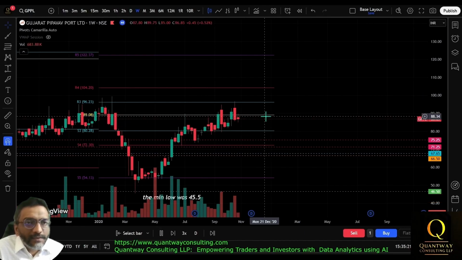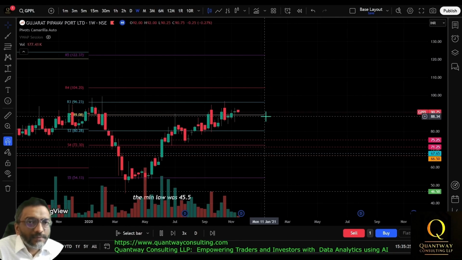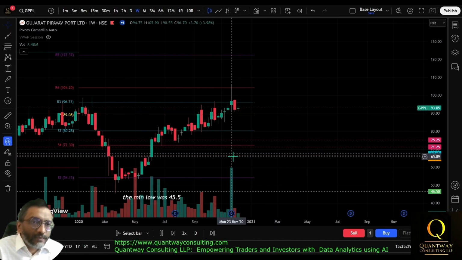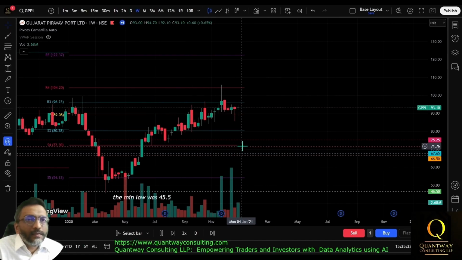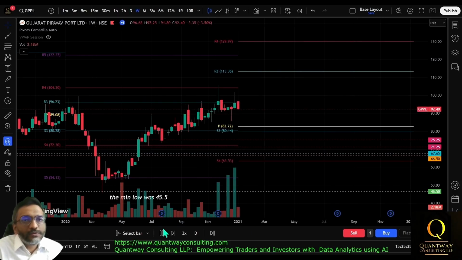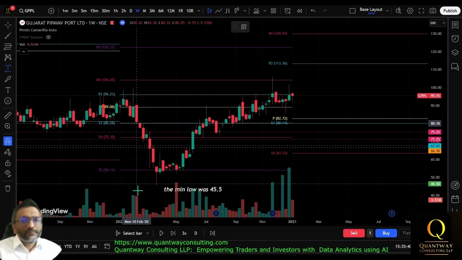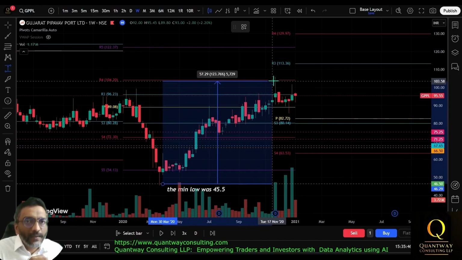So the stock immediately tried to go to the pivot levels, which is the accepted level of the stock for that particular year as per the Camarilla pivot theory. And then the stock also tried to reach the R4 levels. So this was the general price action analysis, the bar by bar replay.